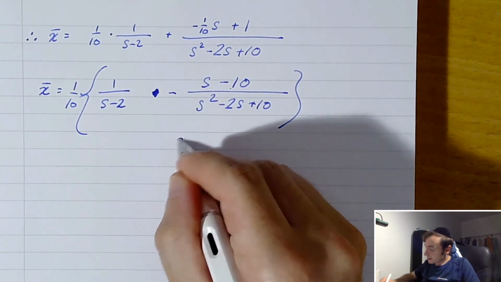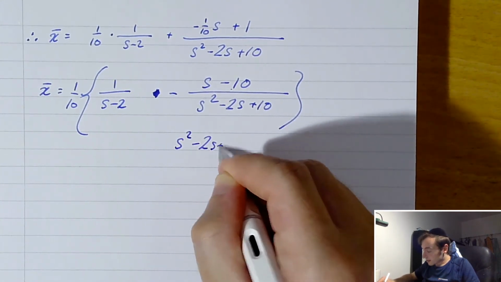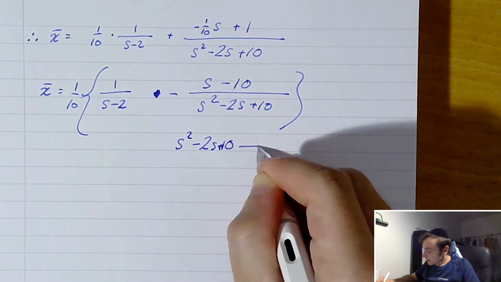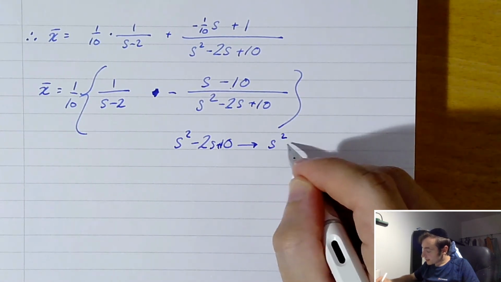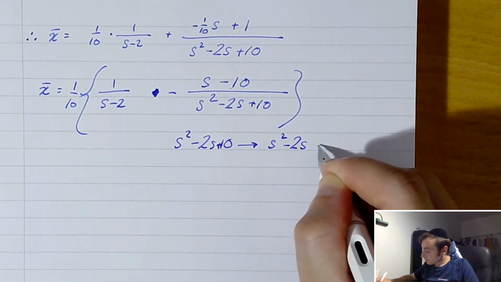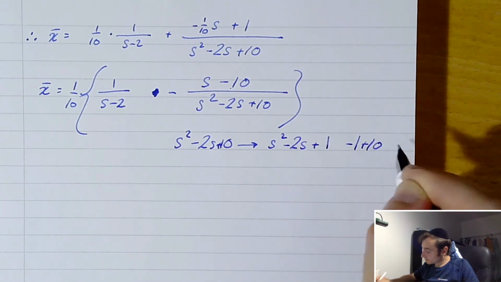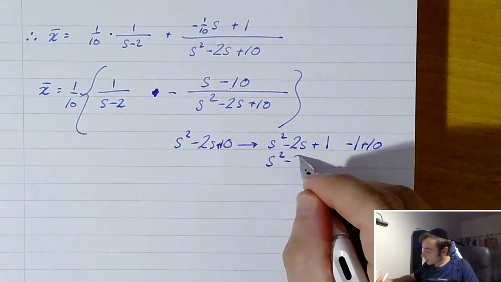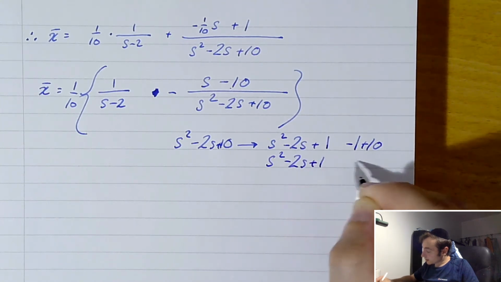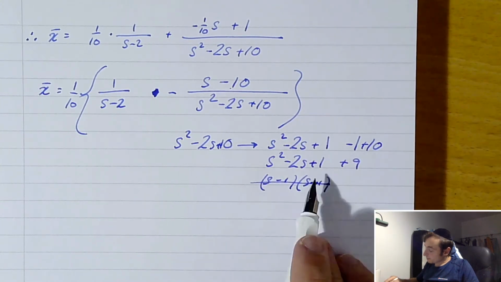So if we just complete the square of s squared minus 2s plus 10, that's going to go to s squared minus 2s plus 1 minus 1 plus 10, I believe. It's going to go to s squared minus 2s plus 1 plus 9.